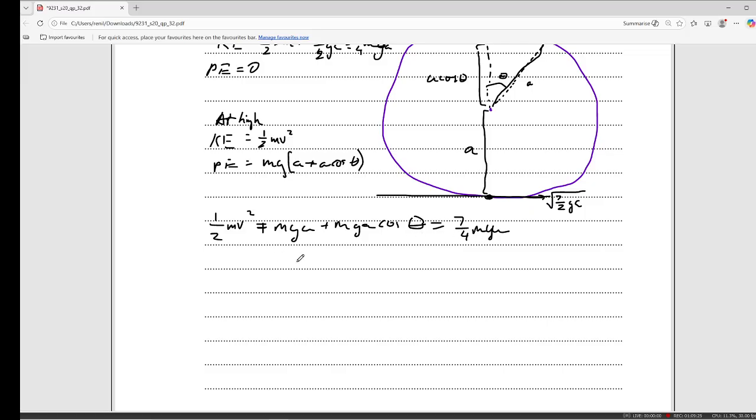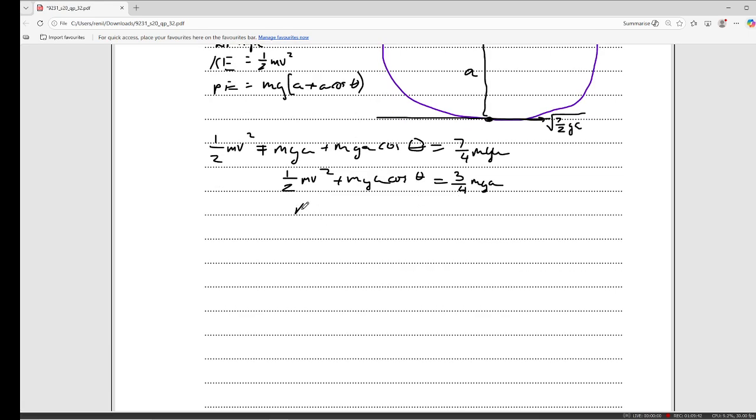Now we can write this as half mv square plus mga cos theta equals 3 by 4 mga. Simply rearrange it to the side.